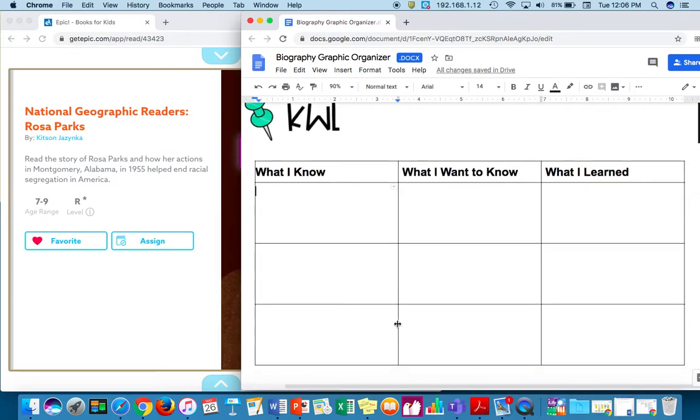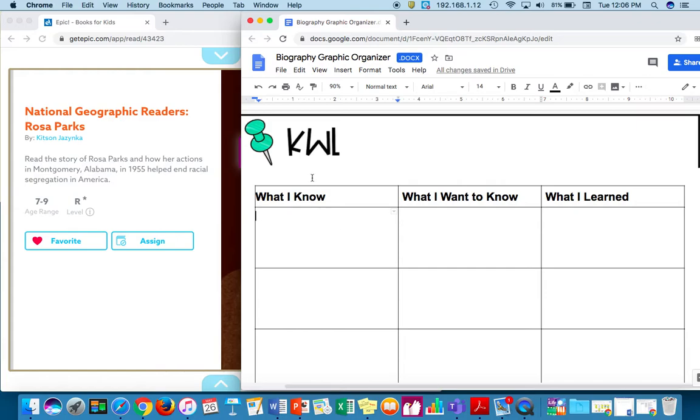But before you even start doing that, you're going to use this KWL chart to write down some things that you know. These could be things that you know about your specific leader or about the civil rights movement. So I might write down that Rosa Parks was someone who sat at the front of the bus, even though she wasn't supposed to.